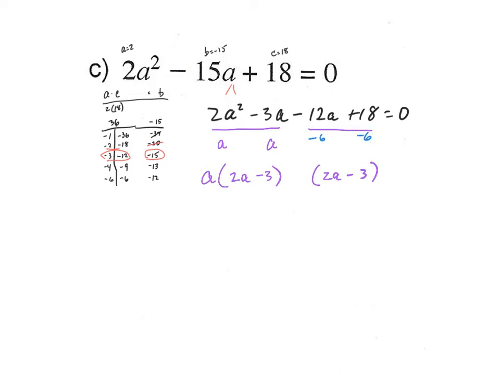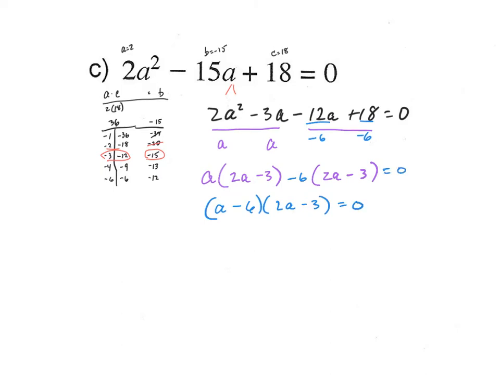So if I factor out a negative 6, I have 2a times negative 6 is going to give me negative 12a, and then negative 3 times negative 6 is going to give me 18, so that's right. And I go ahead and regroup these, and I have a minus 6 times 2a minus 3 equals 0.